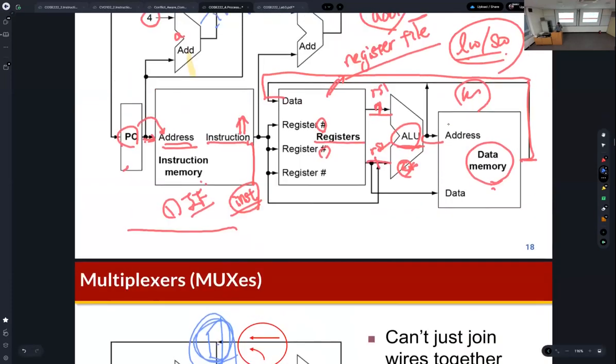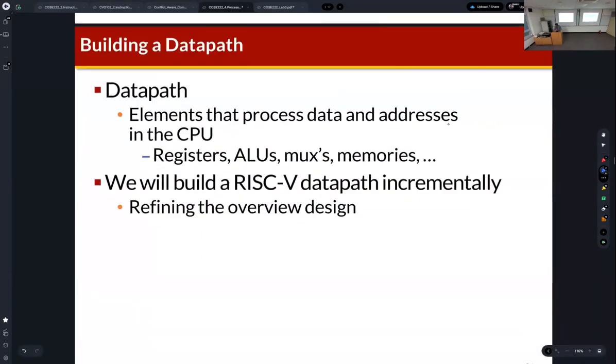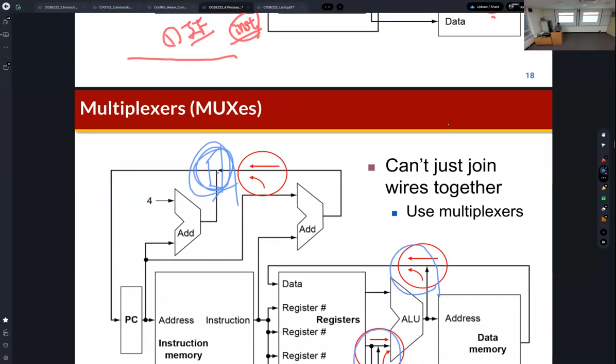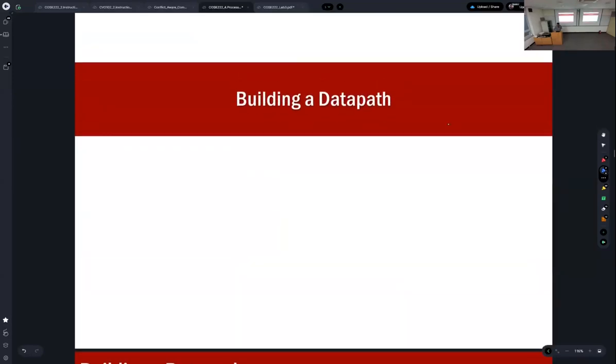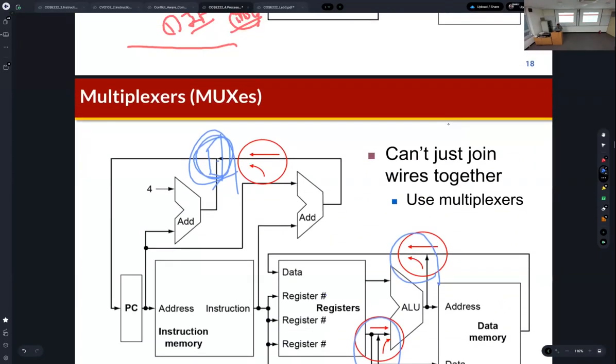The wires cannot be connected directly in this case because the input values are different. In the next class we will learn how to build a data path. So these are called the data paths.